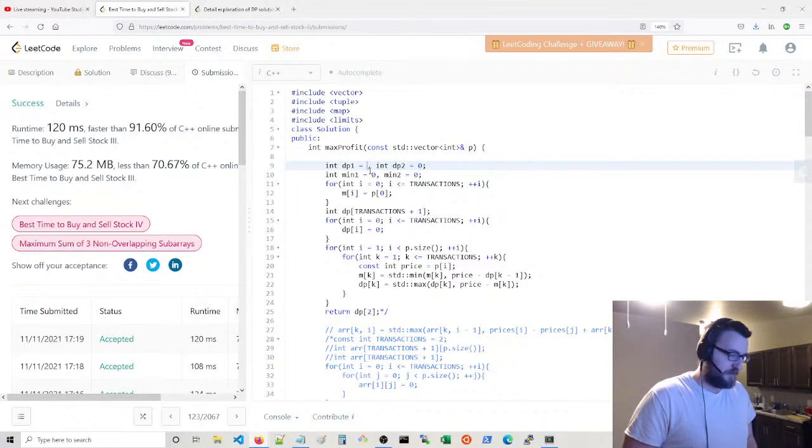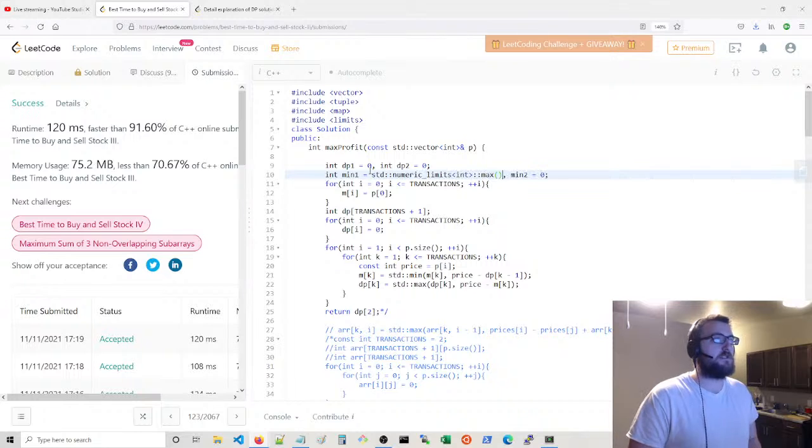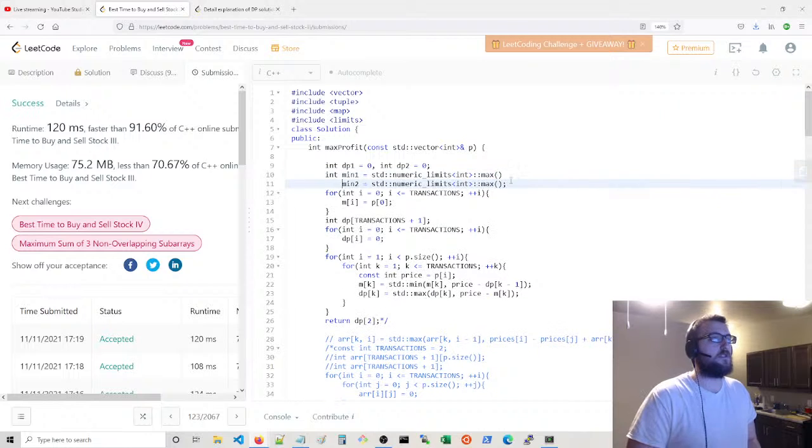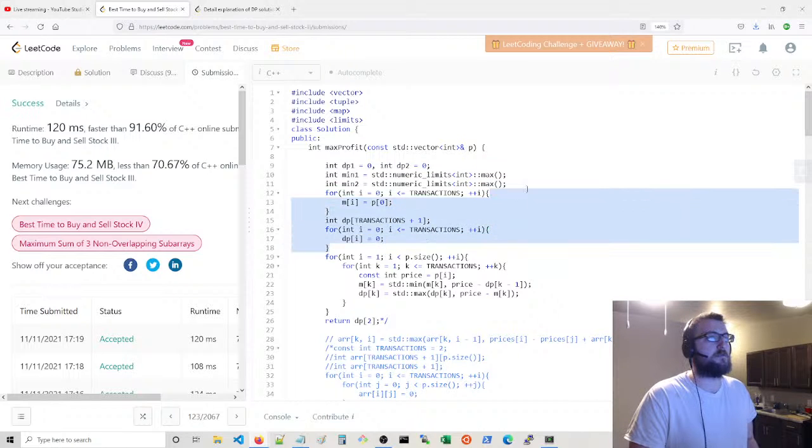I think the minimums start off at the maximum values. And then you don't need these anymore.